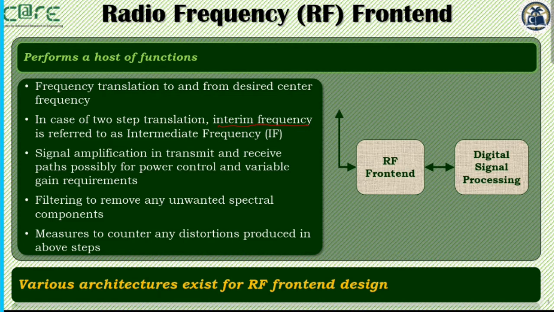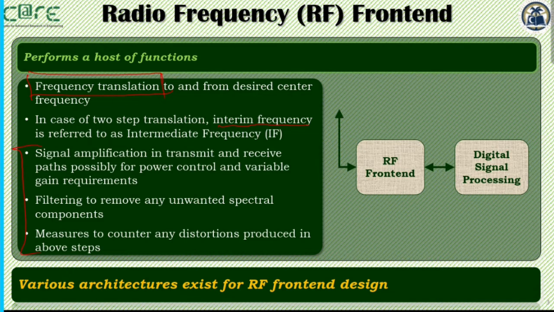But besides this primary task of frequency translation, the RF front-end performs some further tasks, and these include the signal amplification in transmit and receive paths, possibly for power control and variable gain requirements. So power control is a functionality at the transmit side where we need to adapt the output power of the transmitter according to the channel requirements or system requirements.